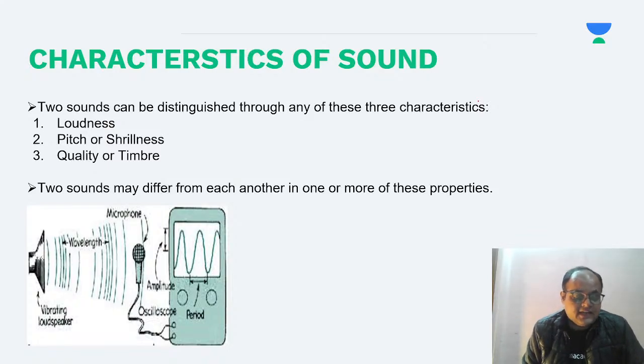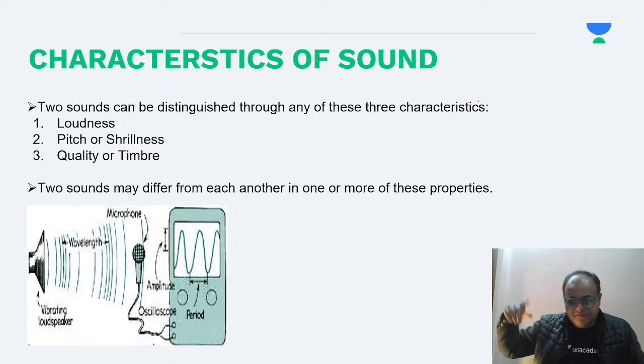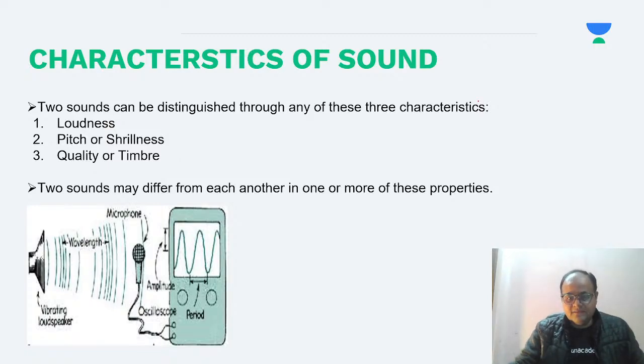You are a future scientist. You won't believe me saying, okay, this sound is loud, this is high pitch, low pitch, whatever pitch that is. You have seen the instruments. I mean, have you seen that the waves are created? In the conventional ones, they used to have that bar.